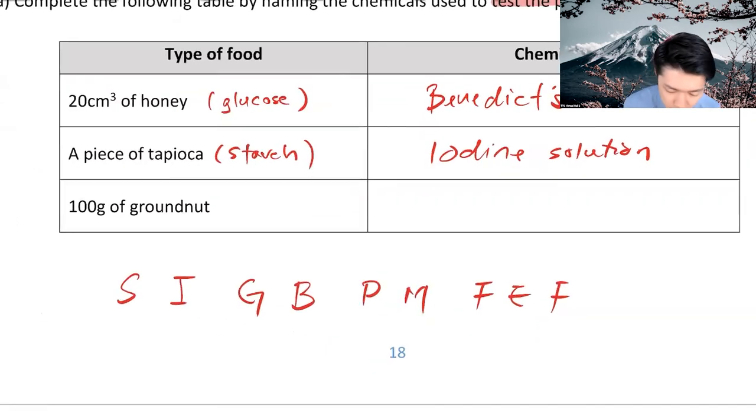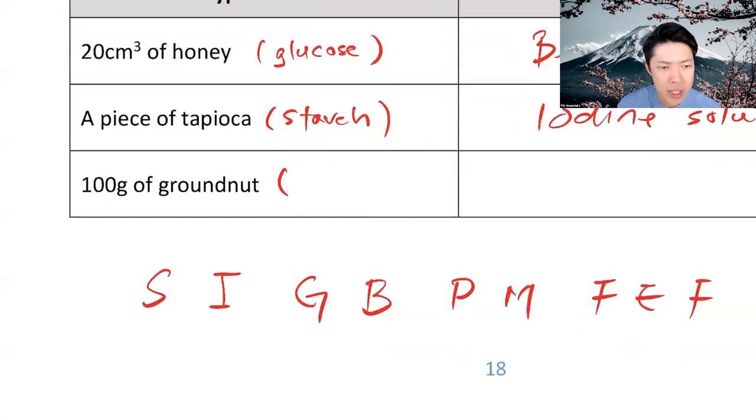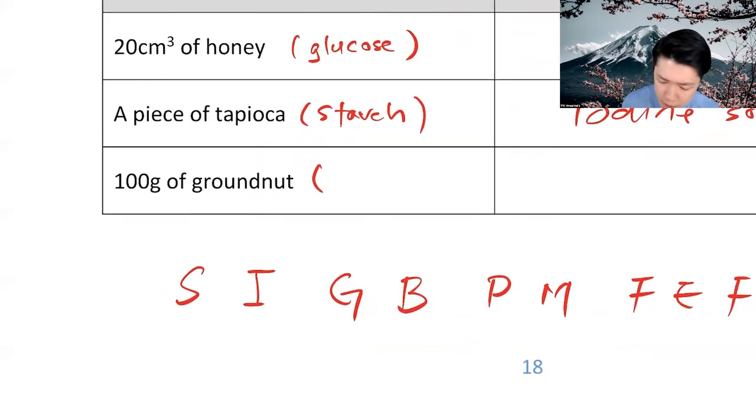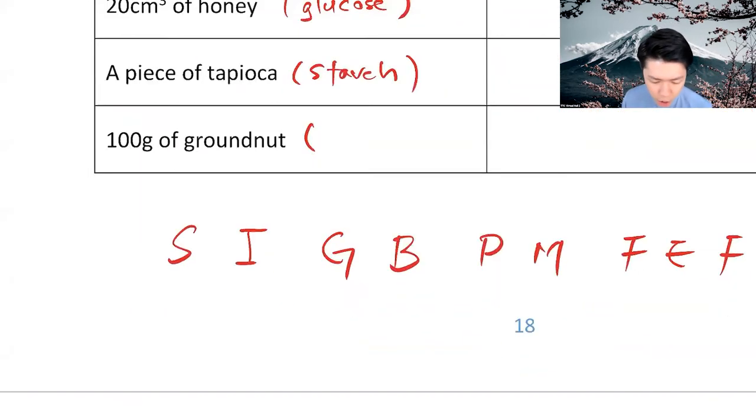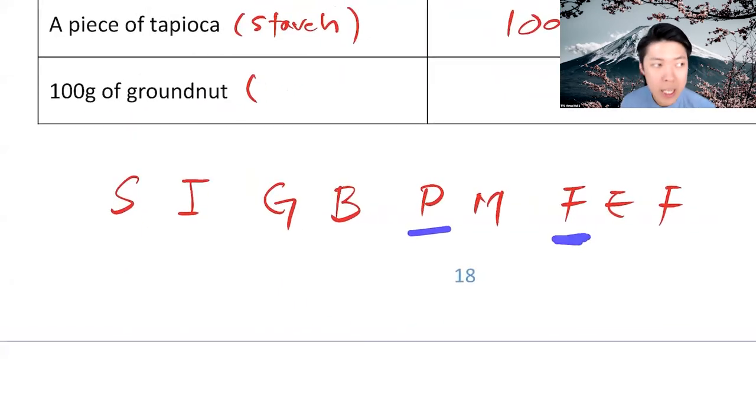All right, next one, groundnut. Groundnut belongs to, what do you think? Groundnut, of course, has a lot of protein. At the same time, there are fats though. Nuts are rich in fat, by the way. Nuts have a lot of fats, which give you a lot of energy.